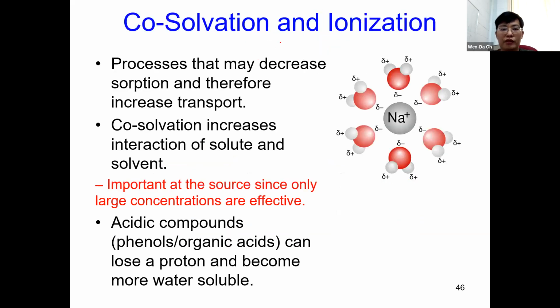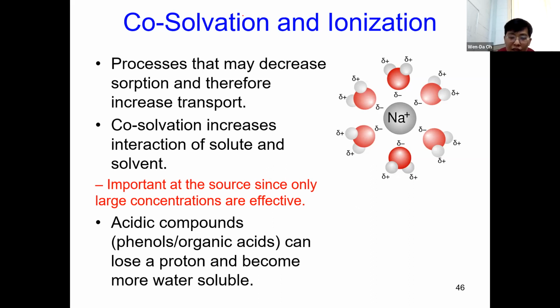Then we have co-solvation and ionization reactions, okay, which can happen during the transport of the chemicals from one point to another point. So co-solvation basically means that you have a chemical, maybe it's not so soluble, it's very hydrophobic, but because of the presence of another chemical, such as methanol, in the water, it can actually increase the solubility of that first pollutant, and it can be transported.